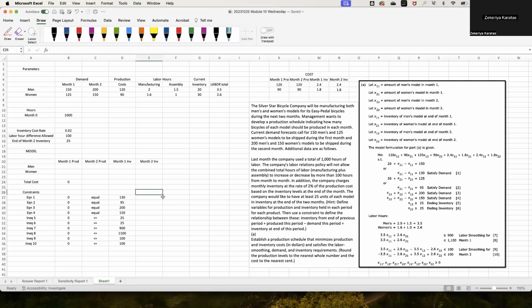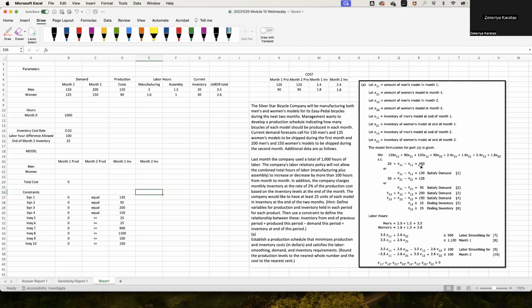Now, number 2, first constraint, the demand constraint. I need 150 at the end of first month. So how can I really determine that? It's 20 as the initial value, and then X11 is the production in the first month, and then S11 is the inventory that I have at the end of first month.